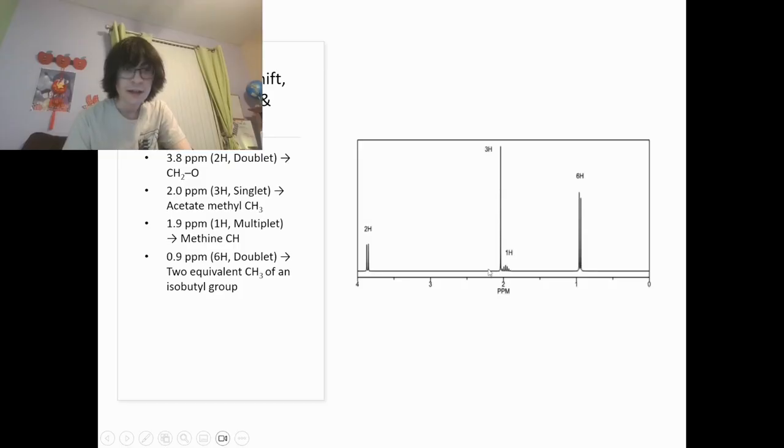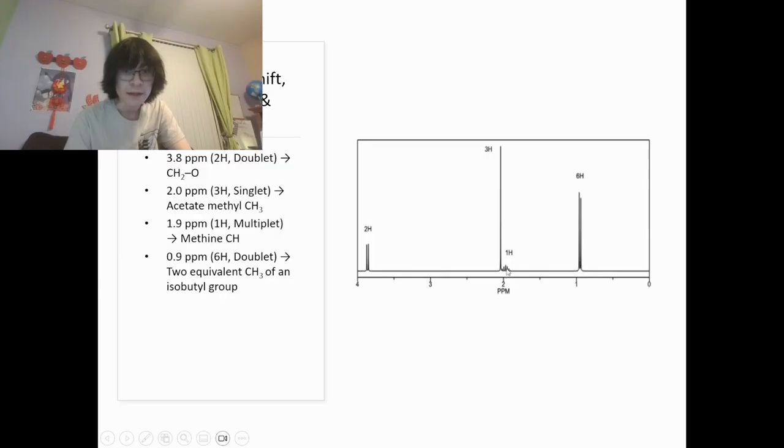Sorry. And then for the next one, this tall one at 2.0 ppm, will be 3H. It would be a singlet because it's just one singular peak here, and it would be an acetate methyl CH3.